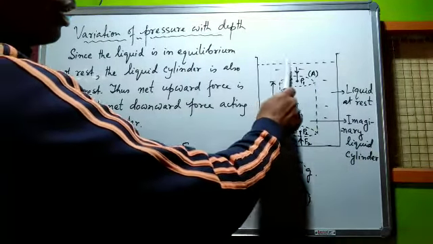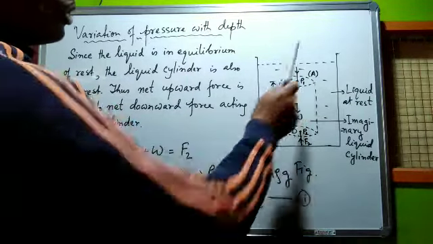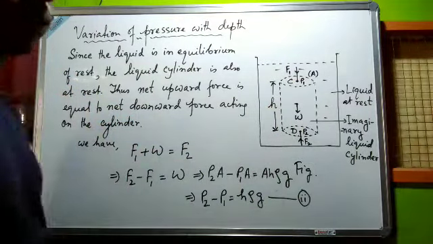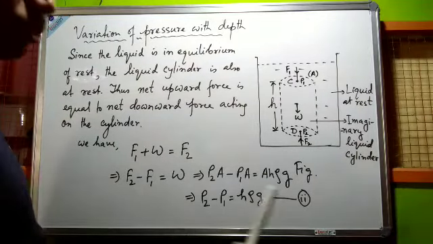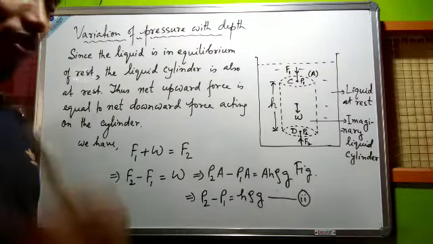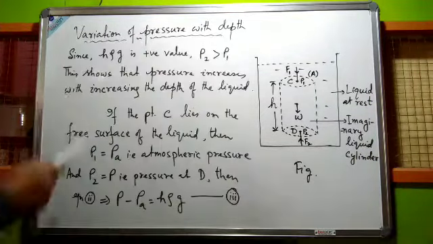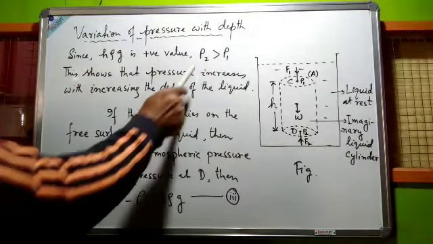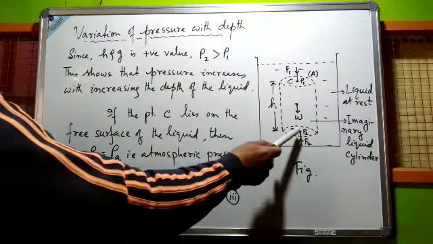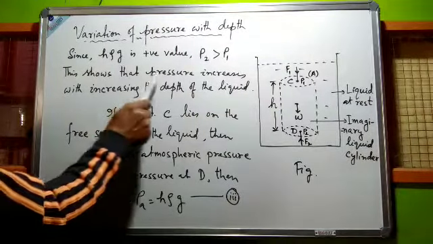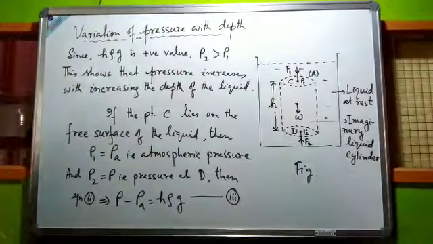Point C is on the free surface of the liquid, that is the liquid surface in contact with air, the upper surface of the liquid, so the pressure P1 there is the atmospheric pressure, and the pressure at D is represented by capital P. This is an important relation for the next class. Since h rho g is positive, P2 is greater than P1, so P2 minus P1 is a positive value, that is pressure at D is greater than pressure at C. This shows that pressure increases with increasing depth of the liquid.